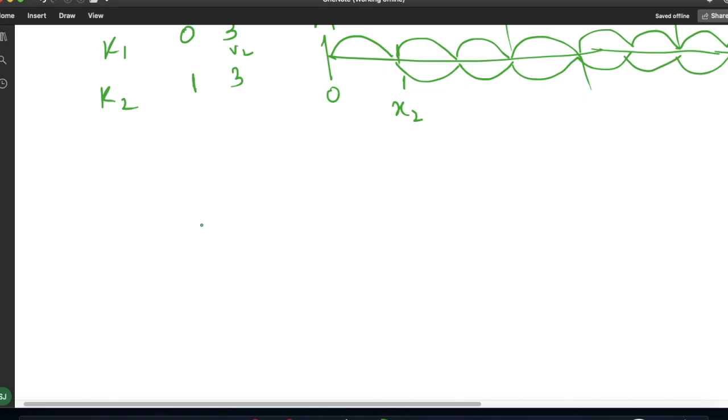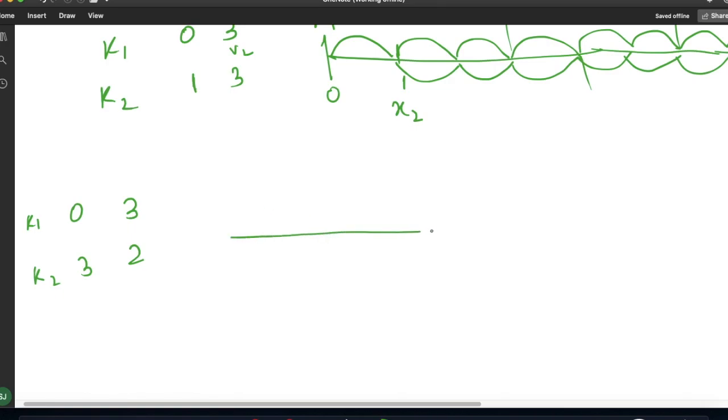Suppose x1 is present at 0 and its jumping distance is 3. This is for k1, and suppose k2 is present at 3 and its jumping distance is 2.